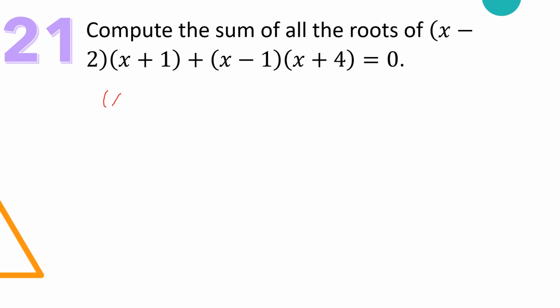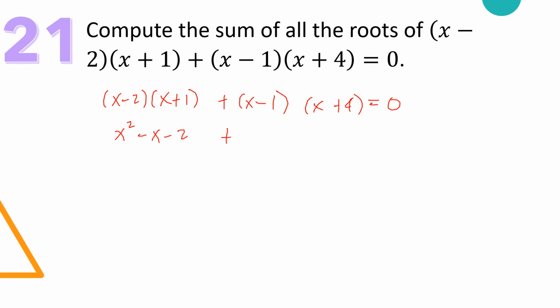So we have (x minus 2)(x plus 1) plus (x minus 1)(x plus 4) equals 0. (x minus 2)(x plus 1) is x squared minus x minus 2. (x minus 1)(x plus 4) is x squared plus 3x minus 4 equals 0. Combining similar terms, we have 2x squared plus 2x minus 6 equals 0.